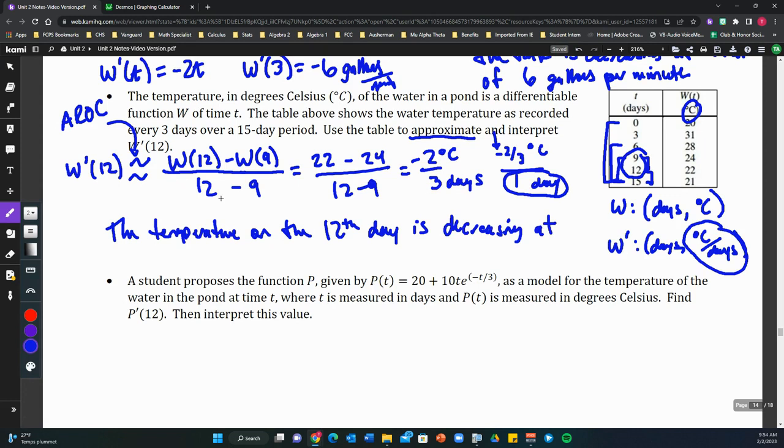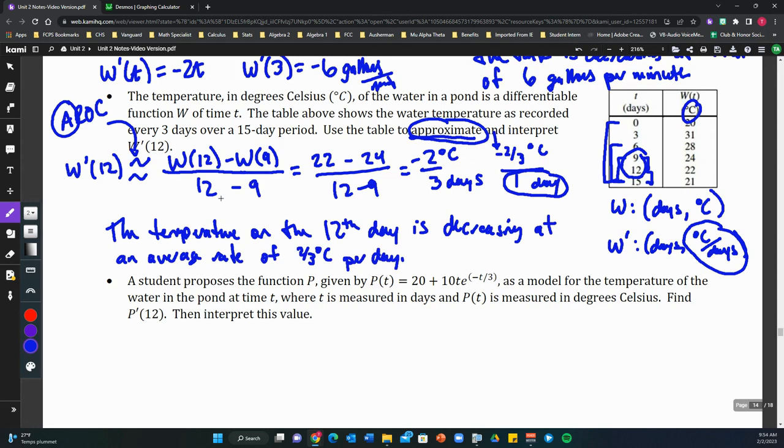Now, just like last time, we want to talk about the rate, but we have to specify here that this is an approximation. Or another way of expressing that is describing it as an average. So we can say it's decreasing at an average rate of 2/3 degrees Celsius per day.